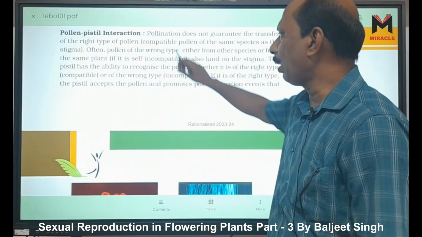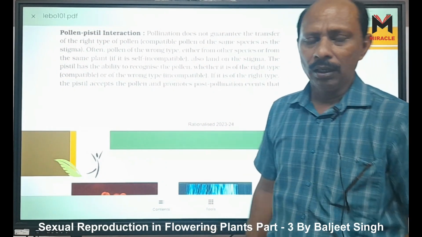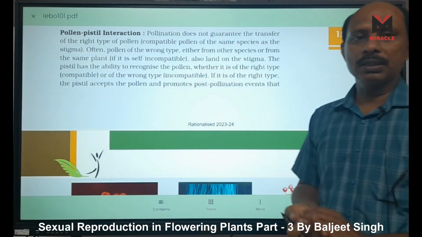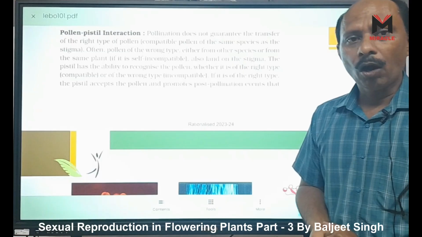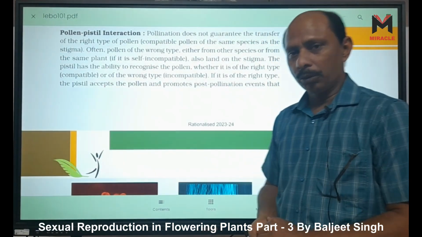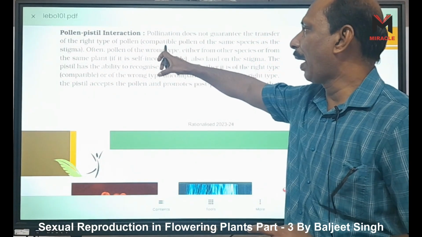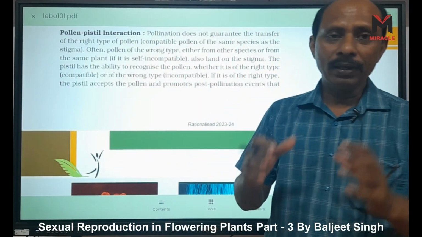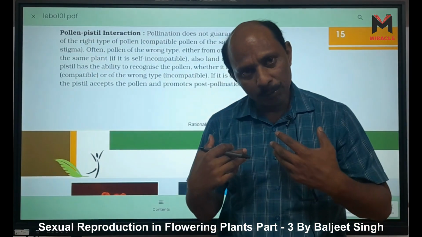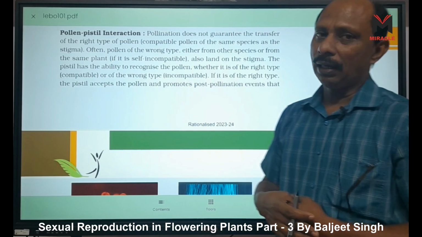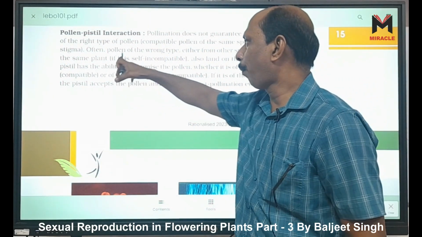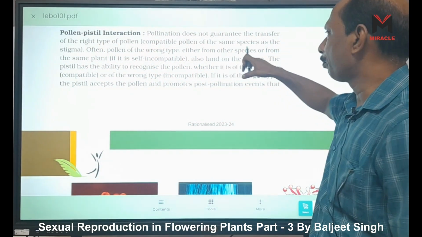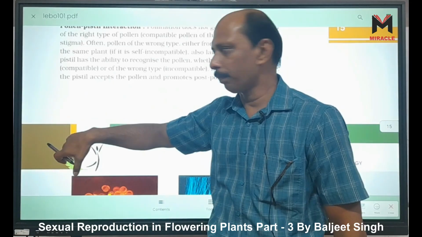Compatible matters because some plants show self-incompatibility. If it is compatible, the pollen tube germinates, otherwise the pollen tube never germinates, right? Often the pollen is of the wrong type, either from another species or from the same plant.